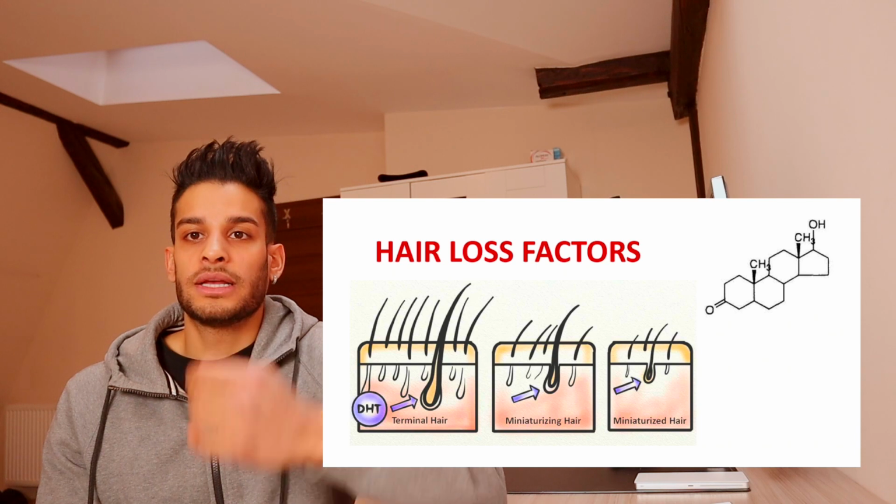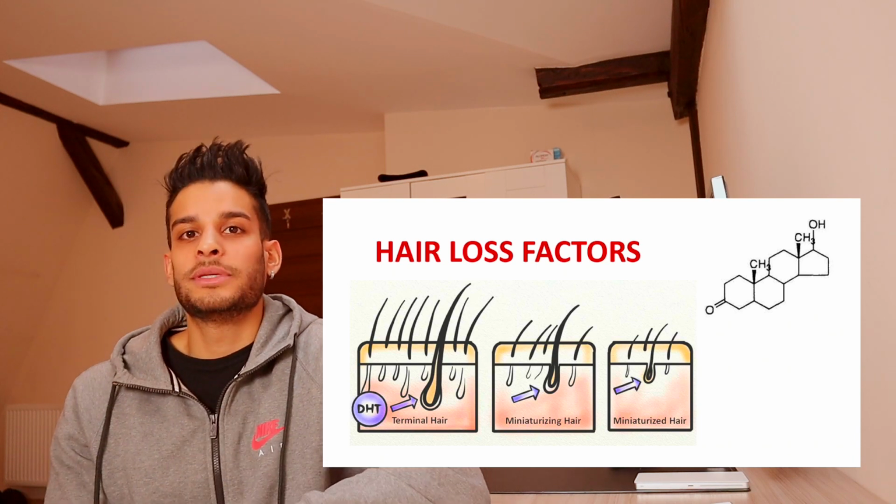DHT will bind more to the androgenic receptor than testosterone because it has more potency. That is why you can see several physiological effects, for example, male pattern baldness or hair miniaturization or increased prostate size.